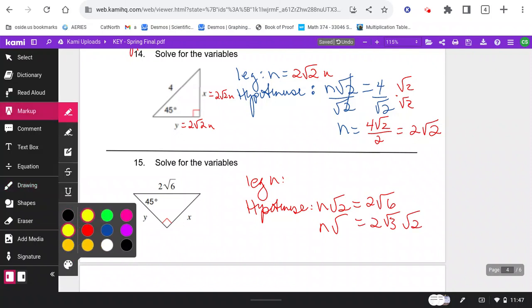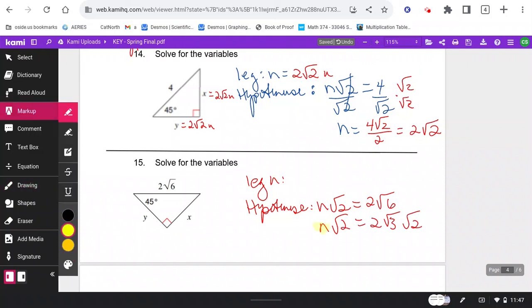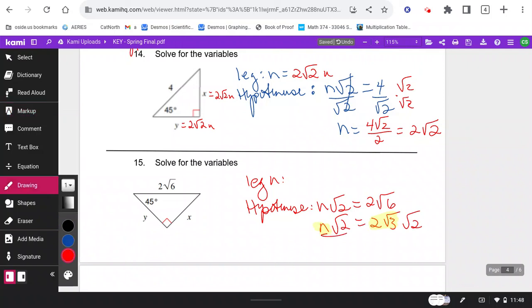This n root 2 means that that's my n. So n is equal to 2 root 3. So this is 2 root 3 units, and this is 2 root 3 units.